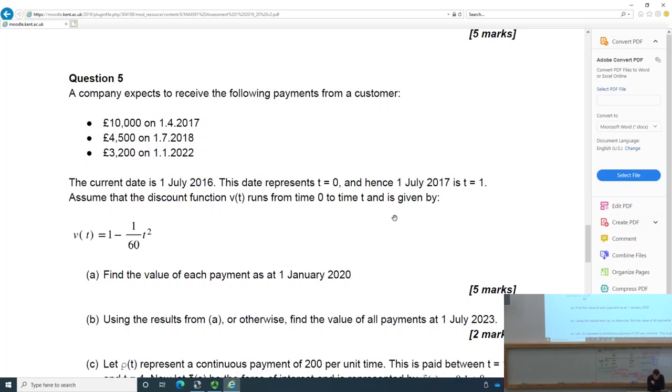And the answer comes out something like 12,478, if you're doing it on your calculator.